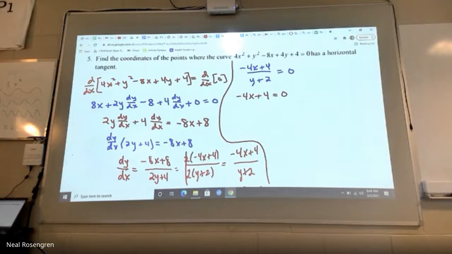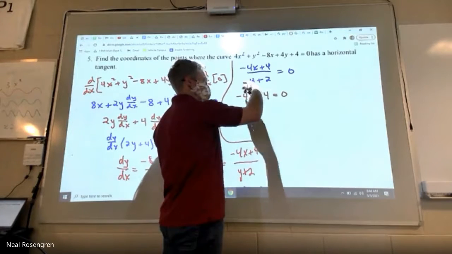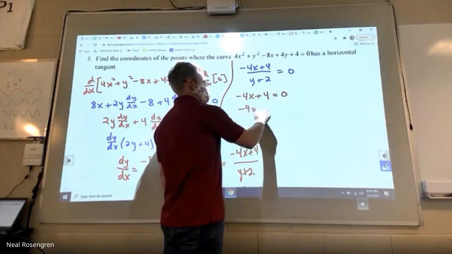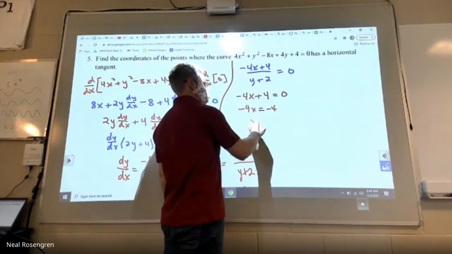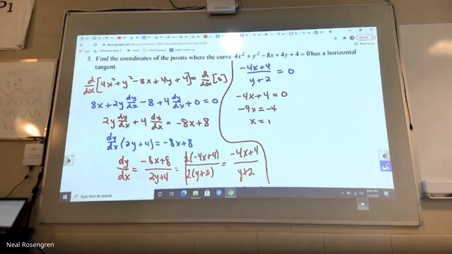And we can solve this one pretty quickly. Slide the 4 over, divide by -4, and there we go. So I know for sure that wherever this graph stops at x equals 1, we'll have a horizontal tangent.